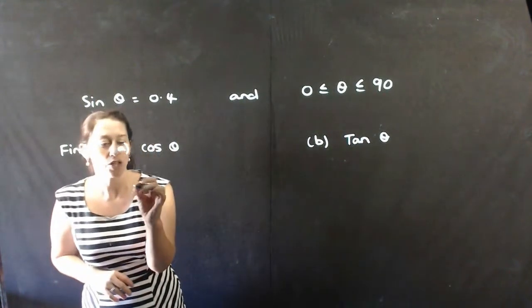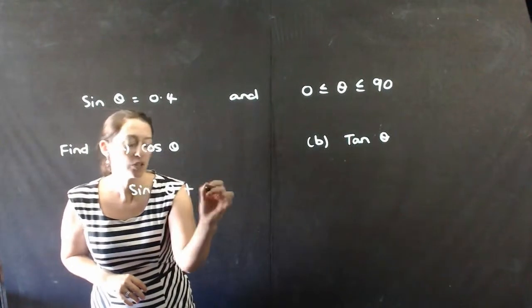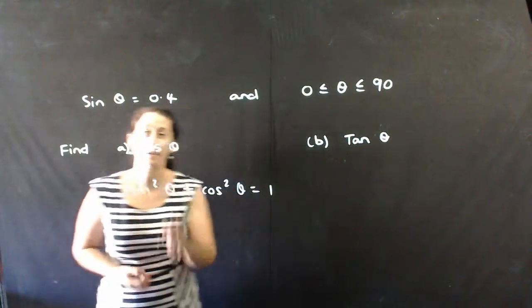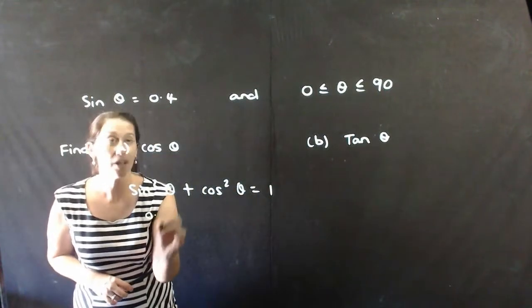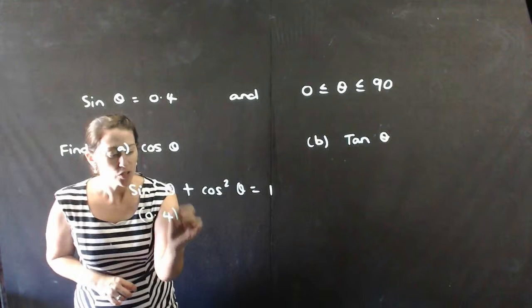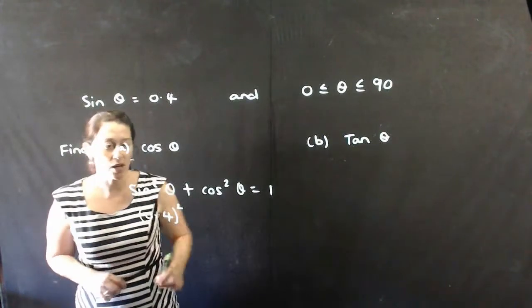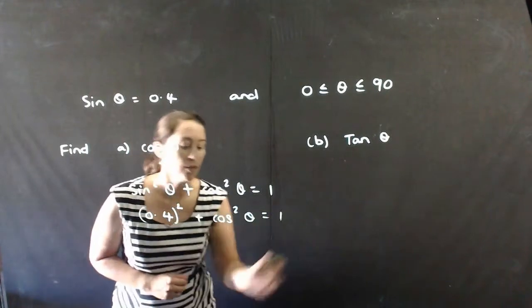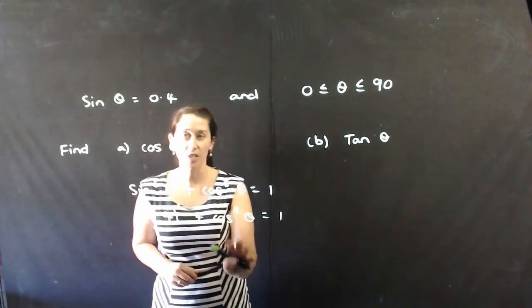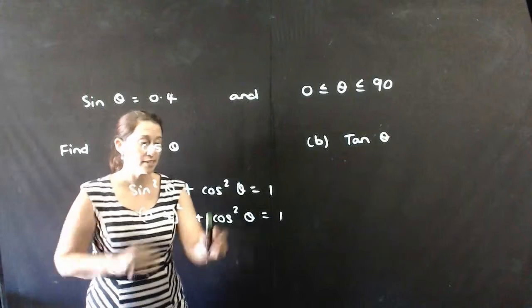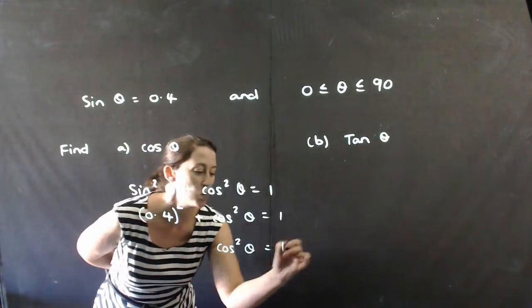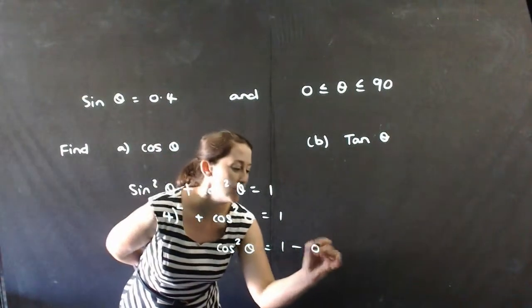Sine squared theta plus cos squared theta equals 1. Sine theta is 0.4, so I need to square that, plus cos squared theta equals 1. I'm going to rearrange this because I want to find cos theta, so I'll make cos squared theta the subject. So cos squared theta equals 1, take away 0.4 squared.